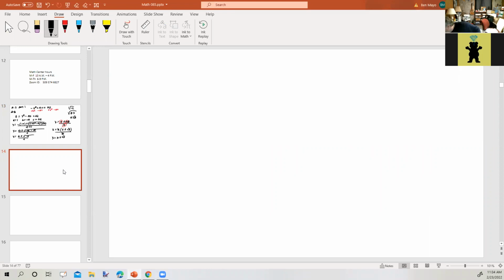Okay. So now we're going to look at application problems from section 10.2. And this first one says, crosswalks. Refer to the illustration below, which of course you can't see, but I'm going to draw it. So let's see here. We've got this.